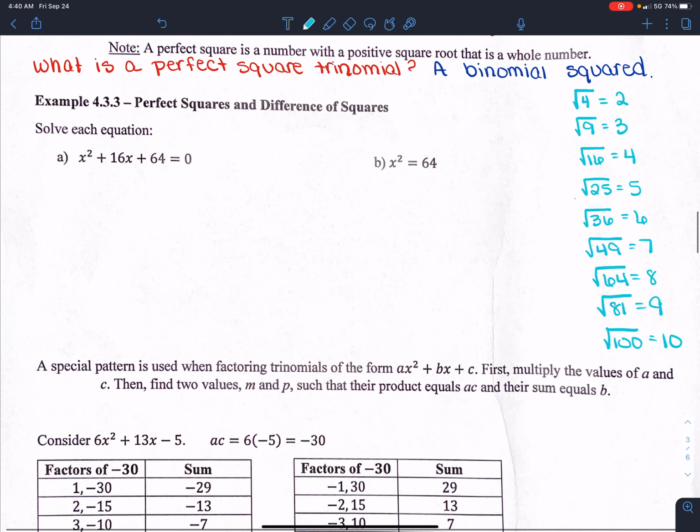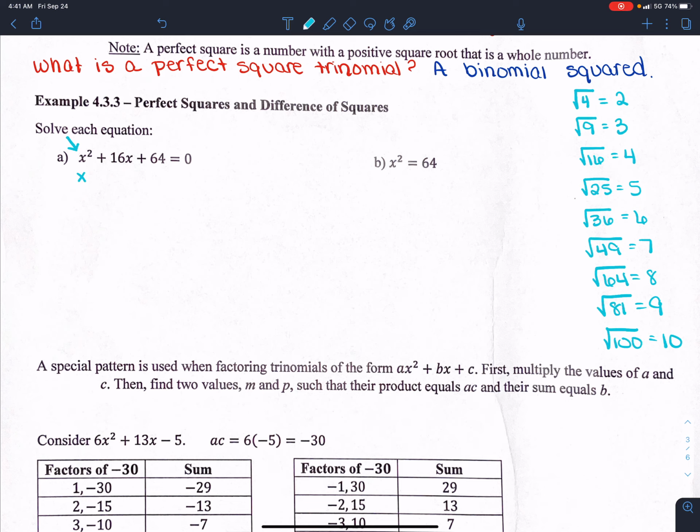So, solving each equation. First off, make sure it's set equal to 0. Second, make sure there's not a GCF that I can factor out. And this is where I check if I can take the square root of x squared. Sure, I can, and that would be x.